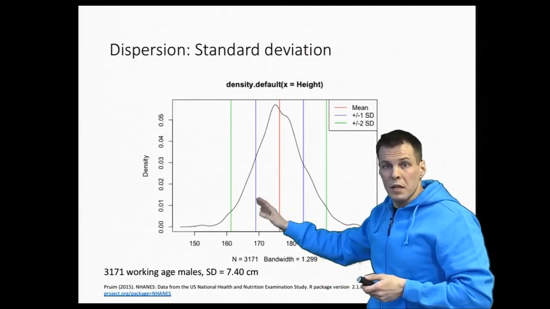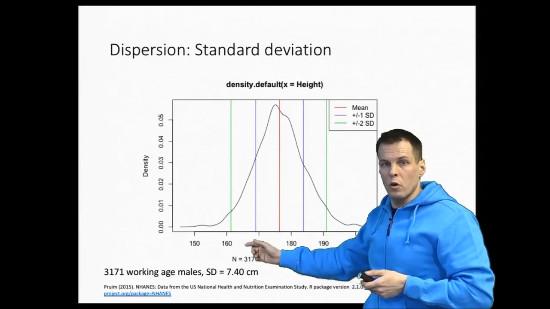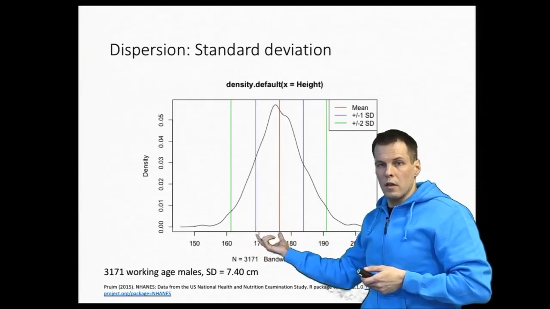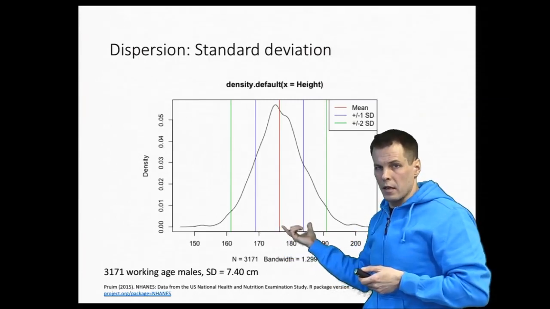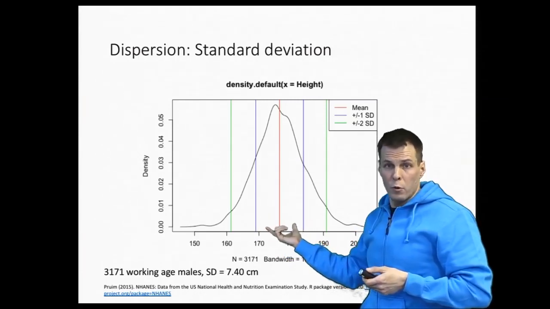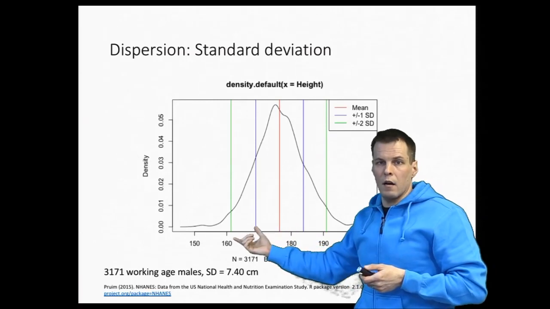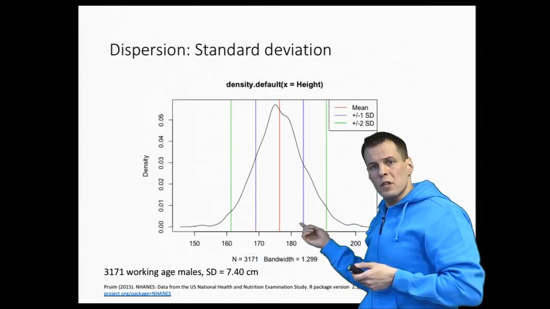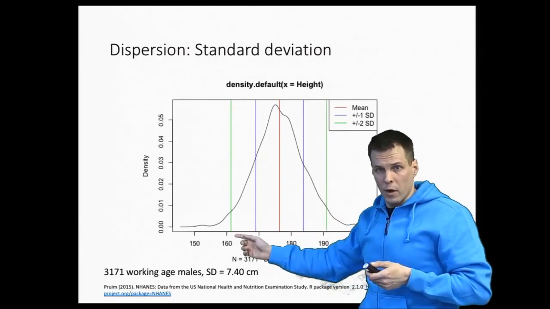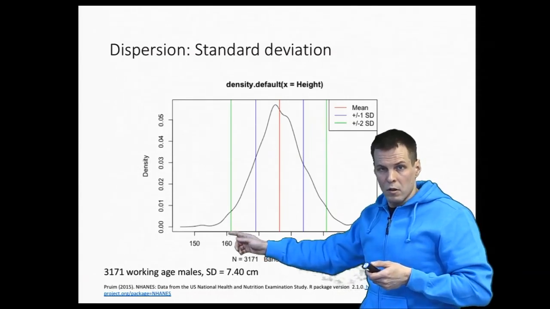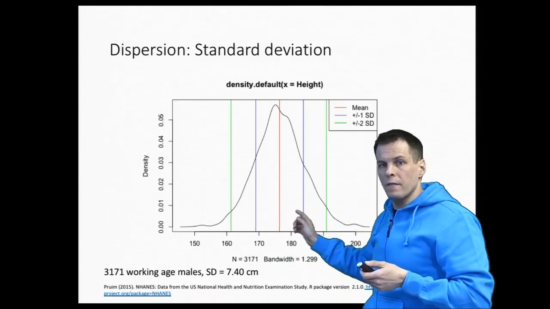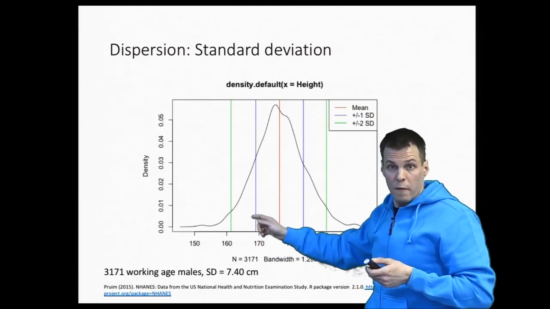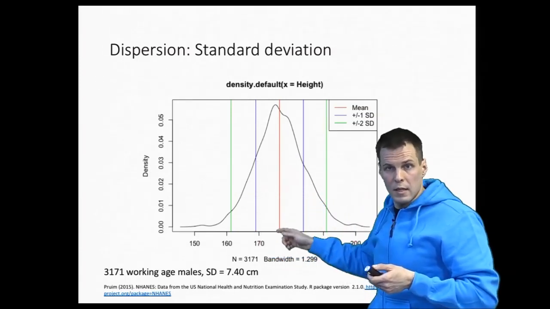I'm not going to present you the definition, but it's important to know that plus or minus 1 standard deviation covers about 2/3 of the data. Then plus or minus 2 standard deviations cover about 95% of the data. So these green lines show the 2 standard deviations, and about 95% of the people fit into this area.